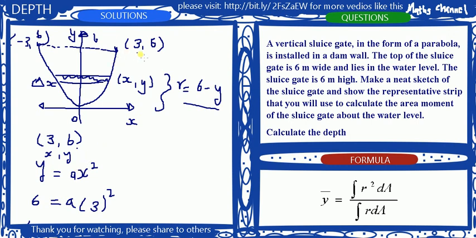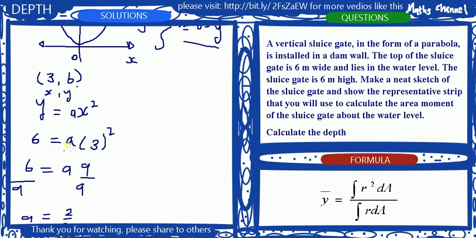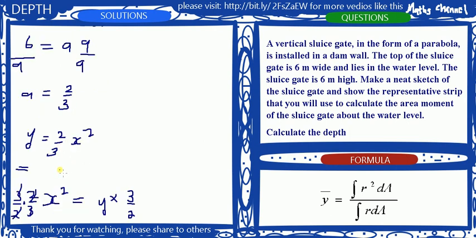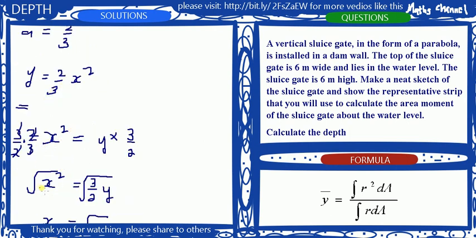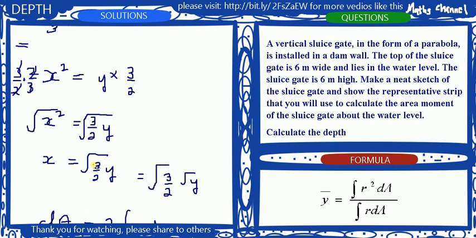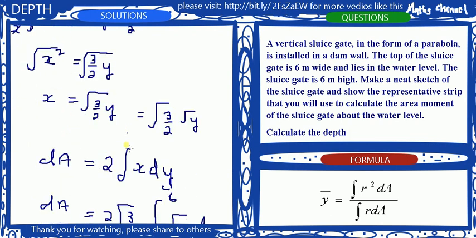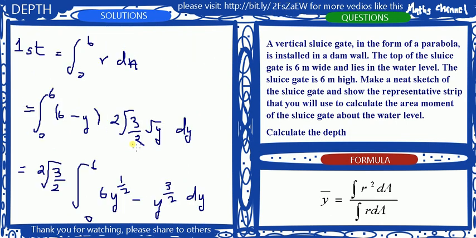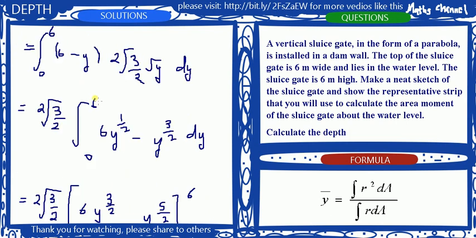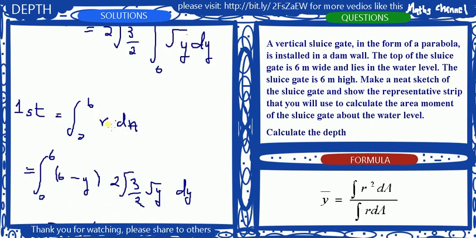Take the coordinate as it's given there, find the value of equation a, and then write the equation. After that, you make x the subject of the formula. I substitute it here on the area formula to find the area, and then you start with the first moment, and substitute the value of r and the area.